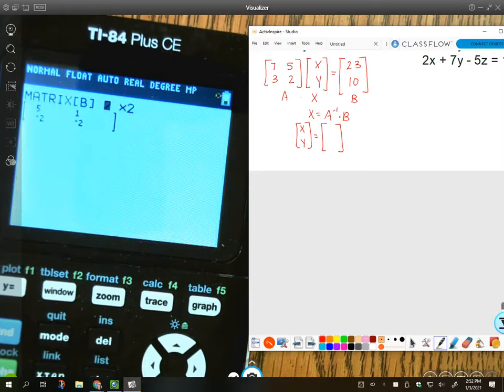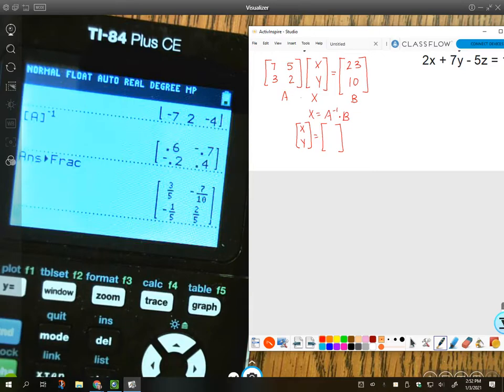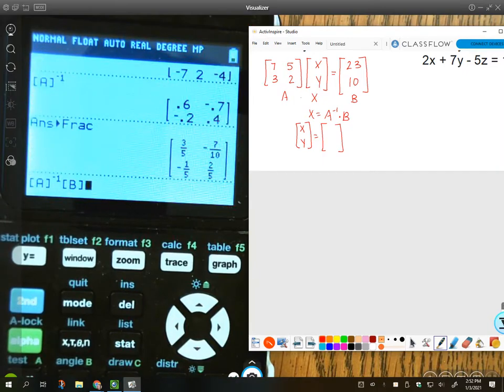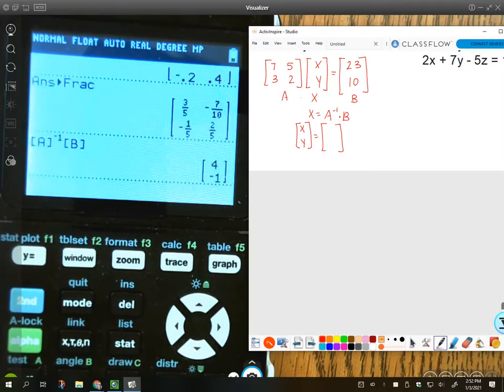Now choose matrix B. It's a 2 by 1 with the numbers 23 and 10. So now if you tell it to do matrix A inverse times matrix B, then it tells you that we get 4, -1.